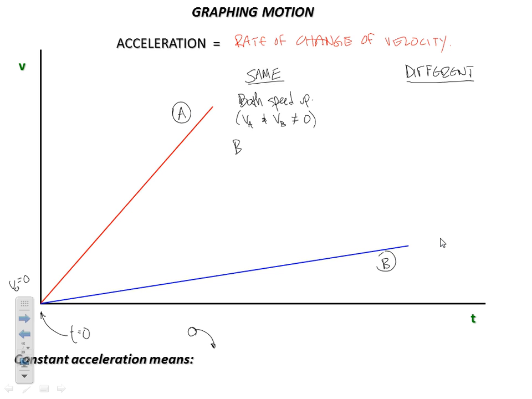Furthermore, they both move in the same direction. How do I know? Because v final A and v final B are both greater than 0. They're both positive, which means they both have a positive velocity. They're moving in the positive direction, whichever direction that is.